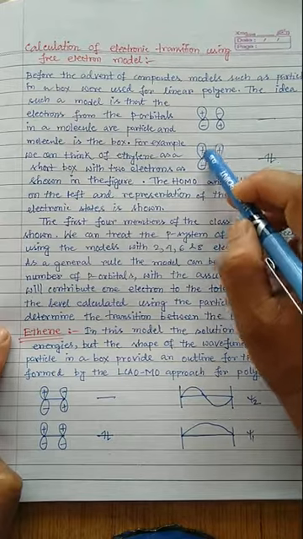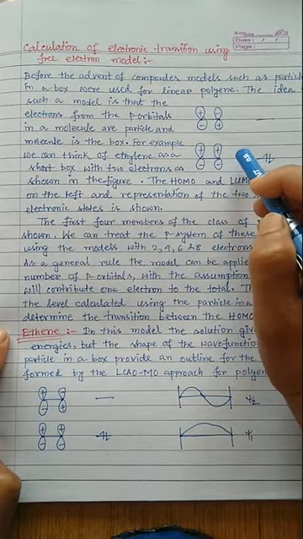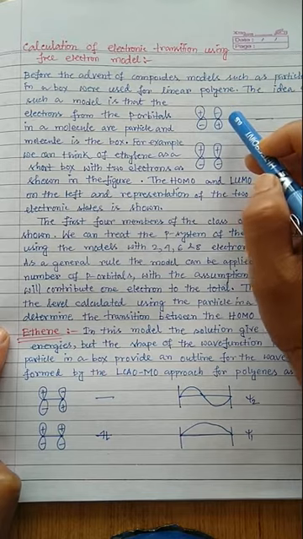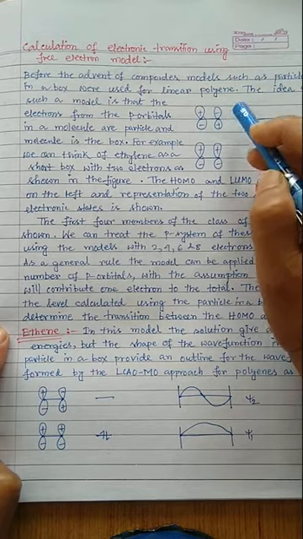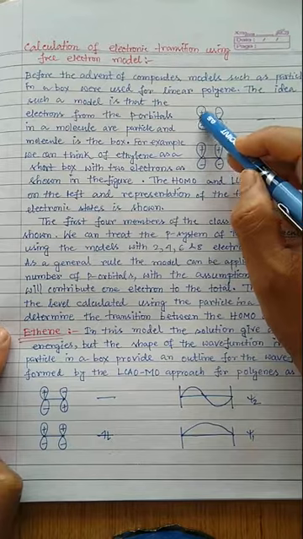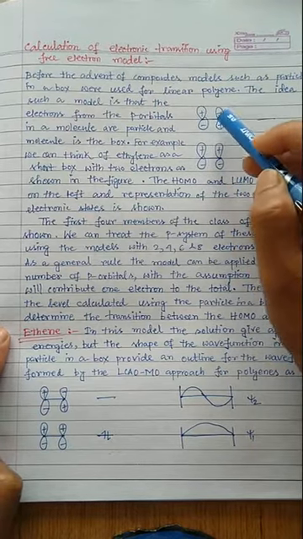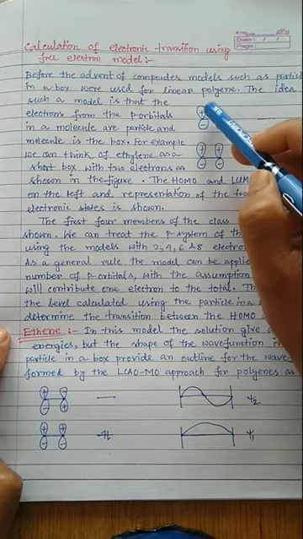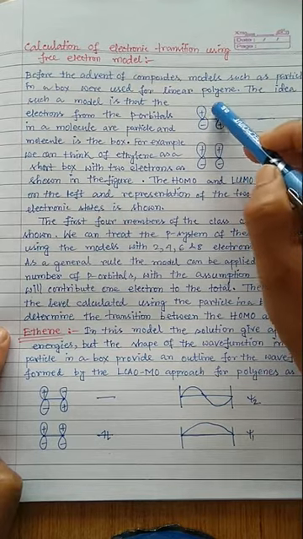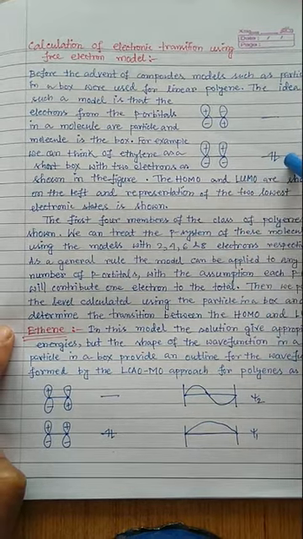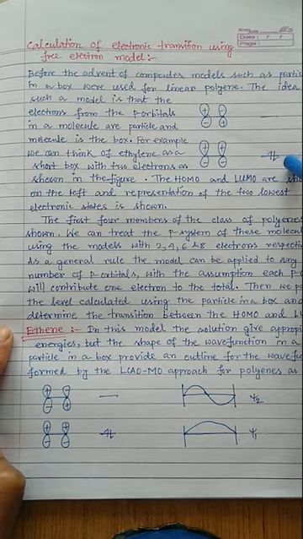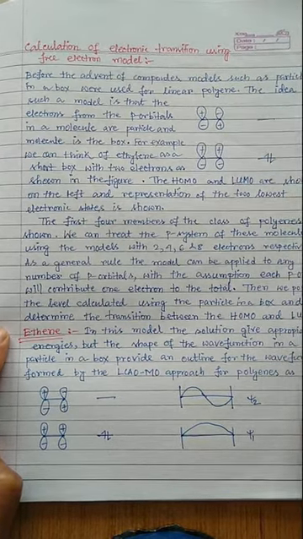This is totally symmetric, because we know that psi 1 should be the symmetric orbital, and the corresponding LUMO, the lowest unoccupied molecular orbital, is the antibonding orbital. It has one node in this structure, so plus minus minus plus. This is the lowest energy molecular orbital, the HOMO, and this is the lowest energy unoccupied molecular orbital.